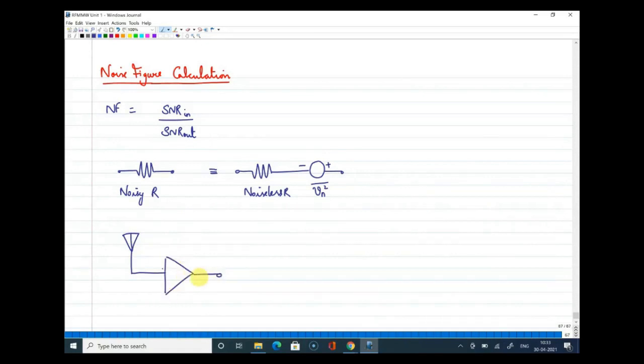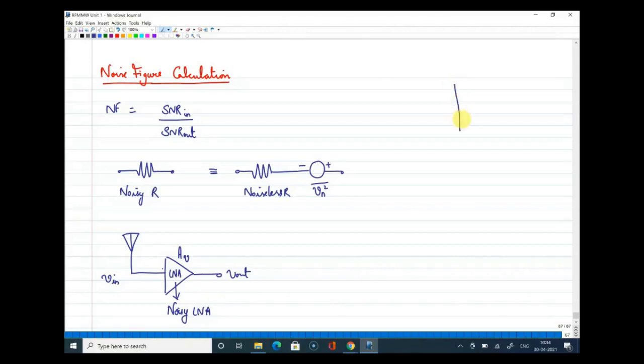This is V in, this is V out. Say this is a low noise amplifier, providing a gain of AV, and this LNA is noisy. A resistor was noisy, and I represented it as a noiseless resistor and a voltage source. In a similar way, whenever an RF circuit is there, to perform this noise figure calculation, I can do the same thing here.